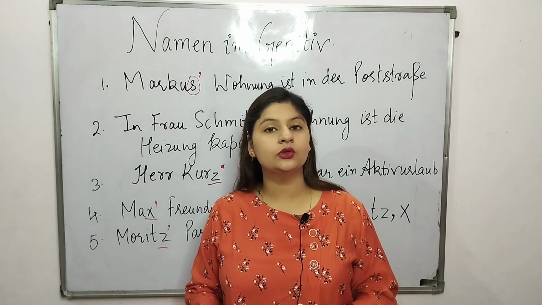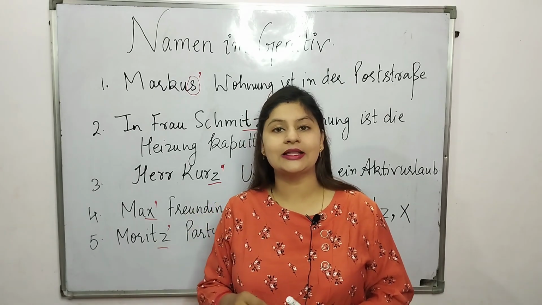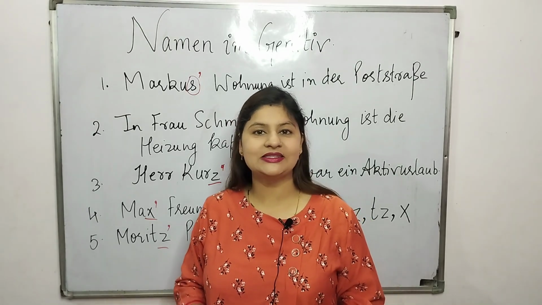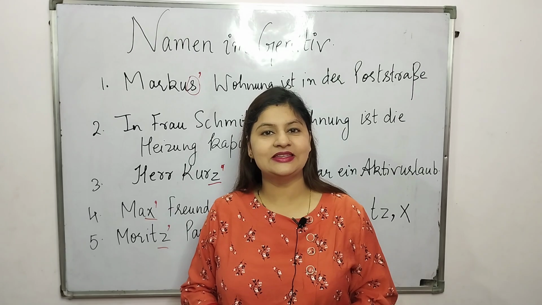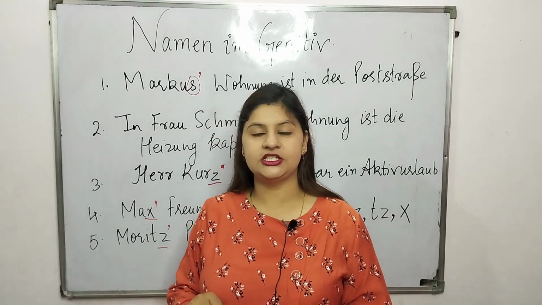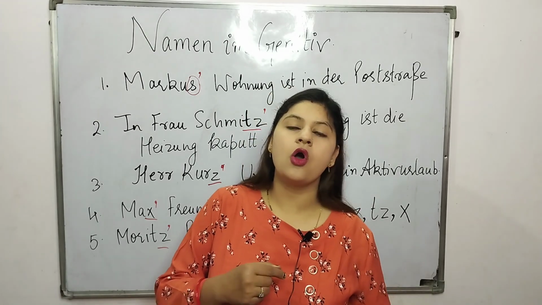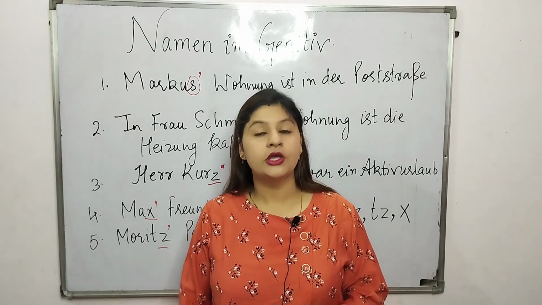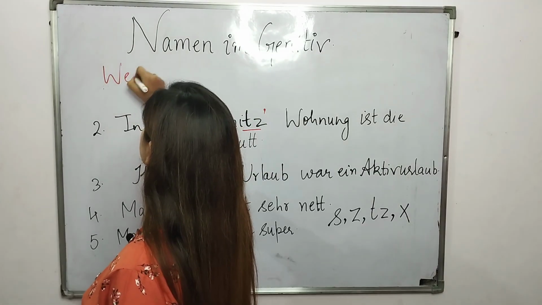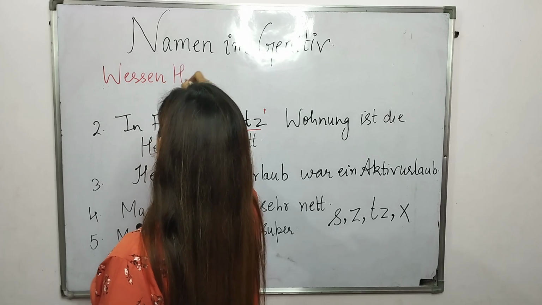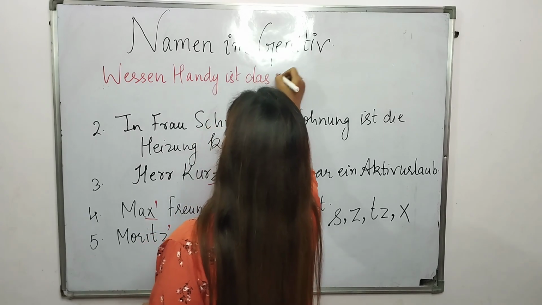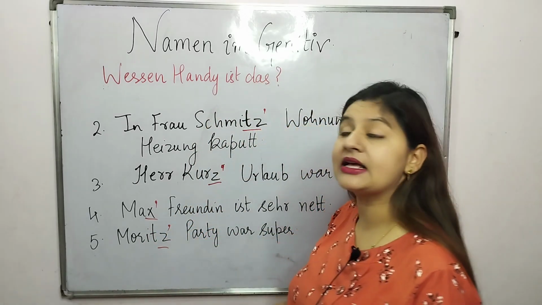So now we are going to see the question for these answers. Normally we ask whose mobile is this? Whose bag is this? Then we answer, this is the bag of Tina. Wessen Handy ist das?